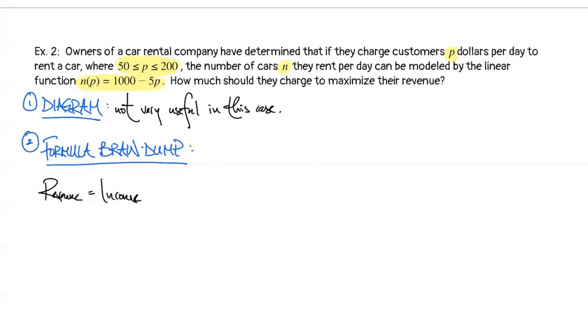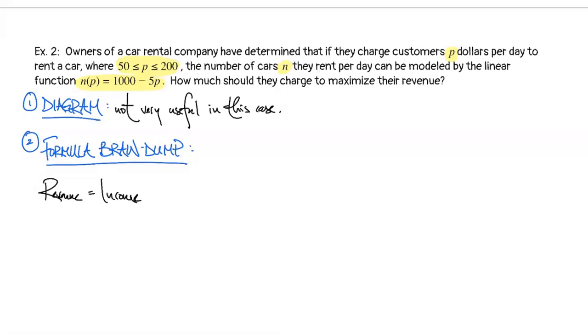So let's say they charge $200. If they charge $200 per day for a car rental, tell me how many cars they rent and how much their revenue is. Okay, let's see.